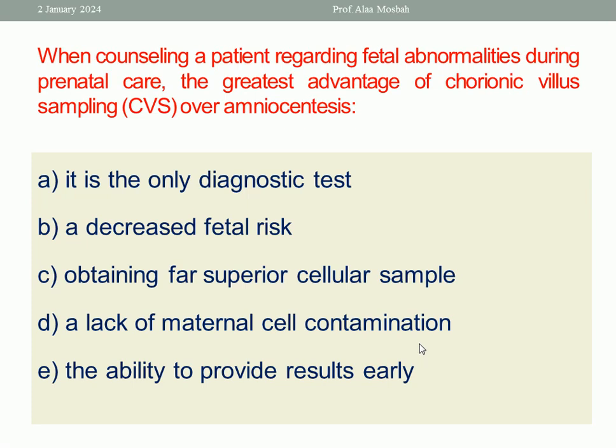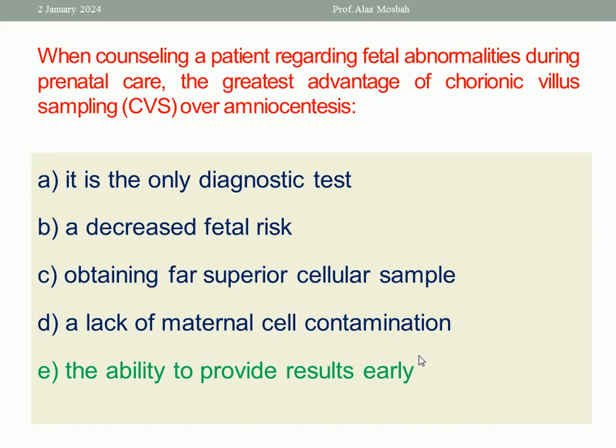The one best response here is E, the ability to provide results early, because you are doing such a procedure, chorionic villus sampling, from 10 to 11 weeks gestational age, but we do amniocentesis after 15 weeks gestational age.